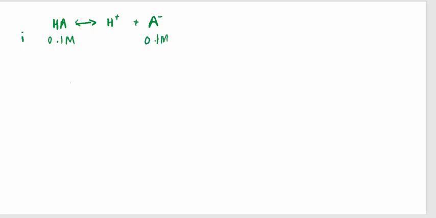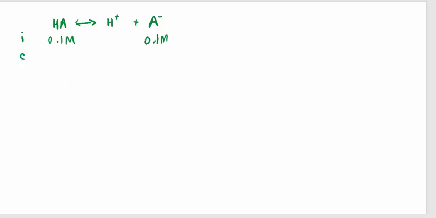So if we come over here, we're going to have our weak acid, our acidic water or hydrogen ion, and our conjugate base. Initially, we have 0.1 molar as the concentration of our weak acid, and we also have that as our concentration of our conjugate base.